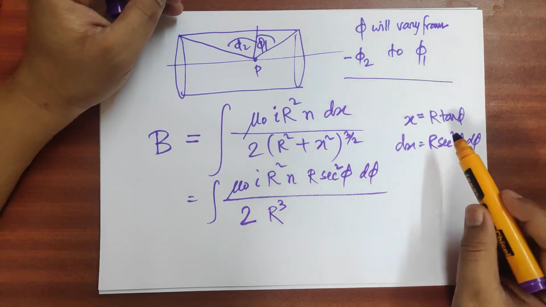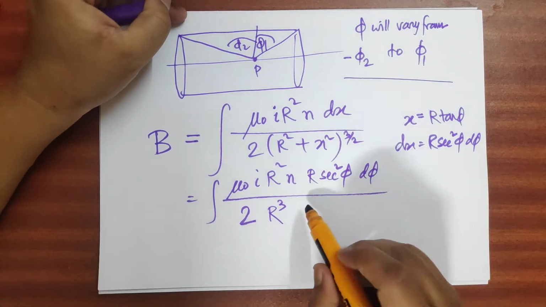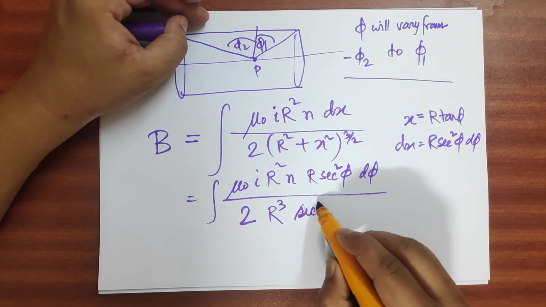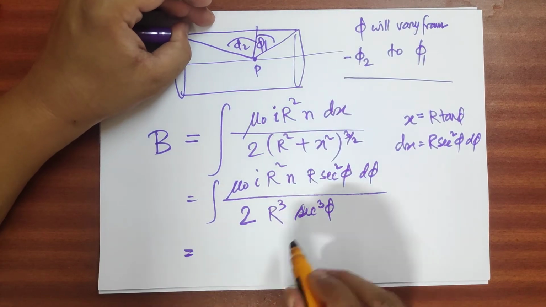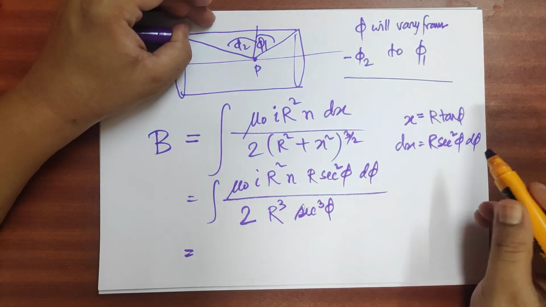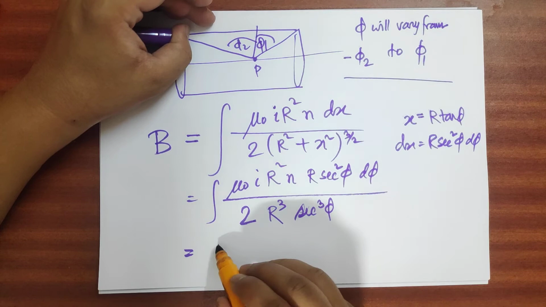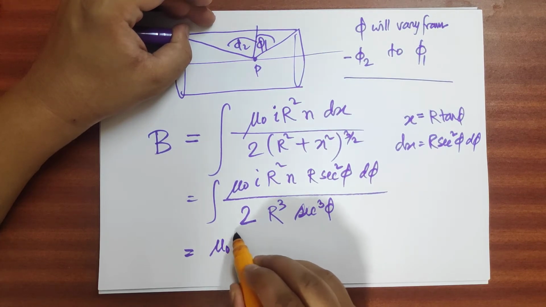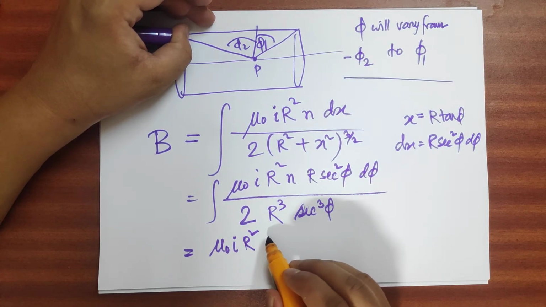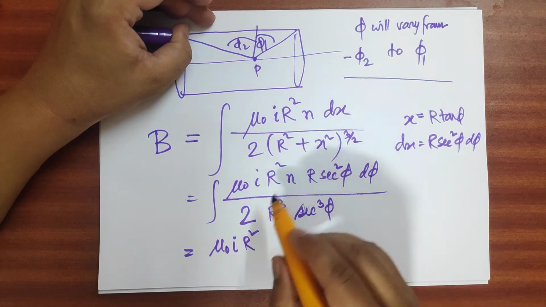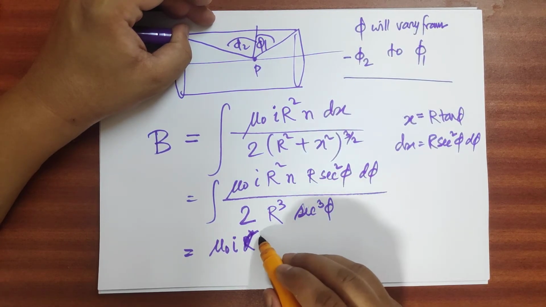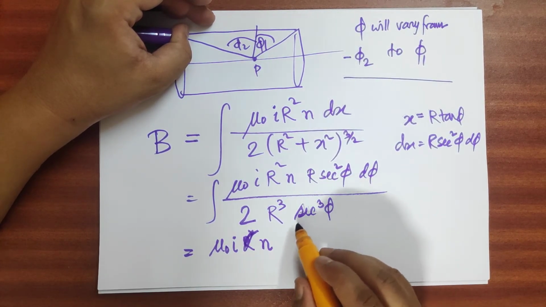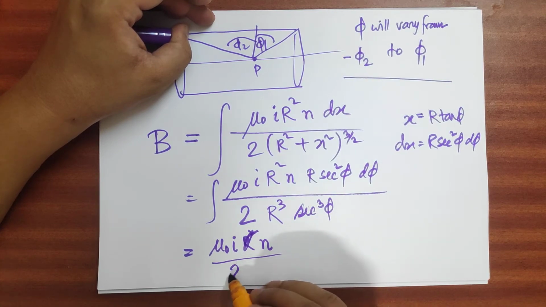This is 1 plus tan square theta, sec square theta, so sec cube theta. So that will go on top to become cos theta. So mu naught I r square, oh that's r cube, that's gone, n, by 2.